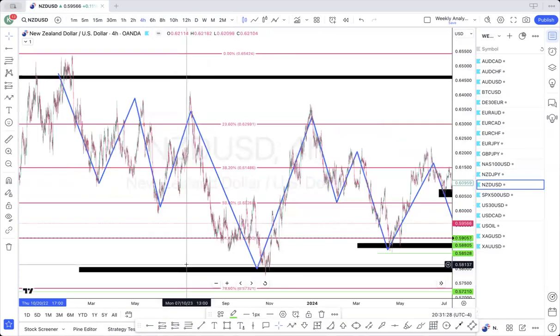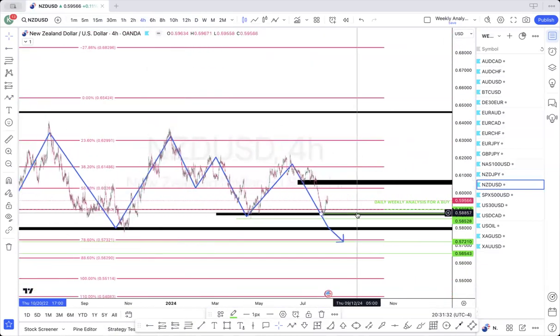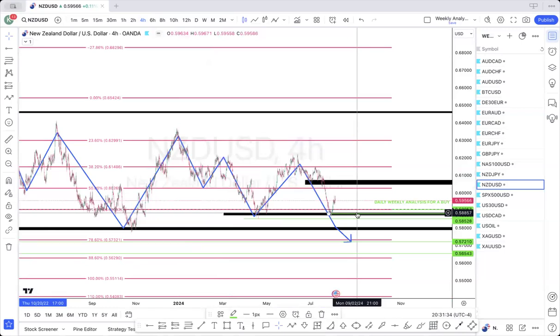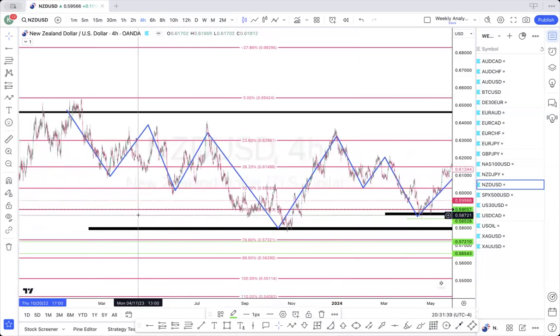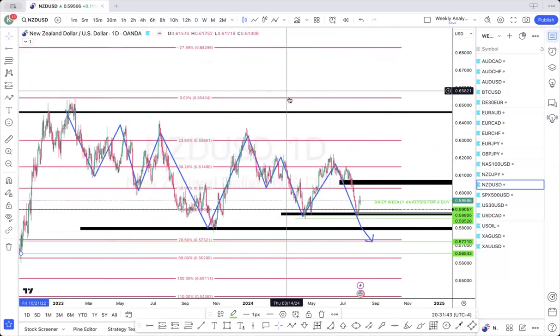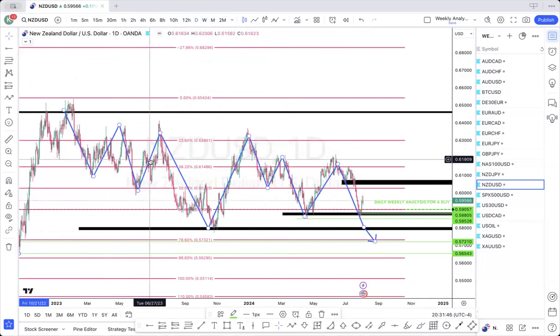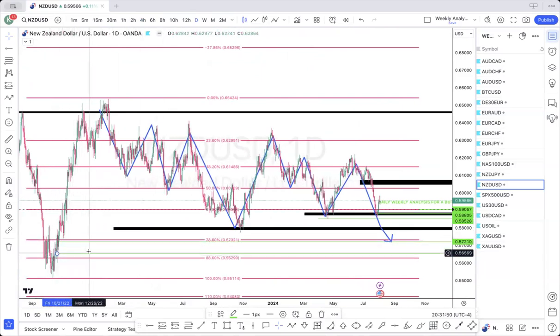So based on the 4-hour, let's go back up to the daily. So based on the 4-hour, there's still price to be mitigated on the 4-hour. So one is at the 78, one is almost at the 88. So we had this break, right?